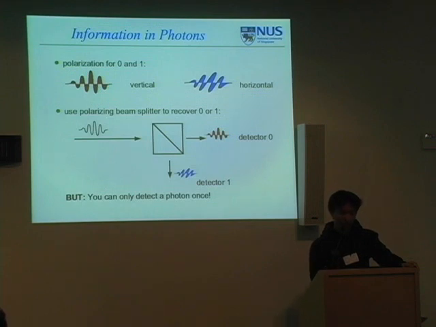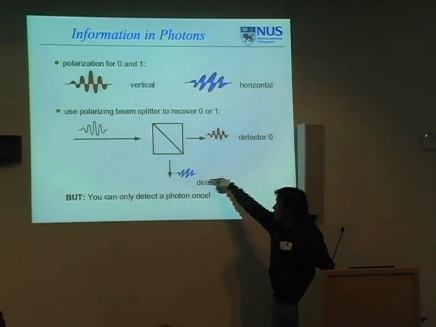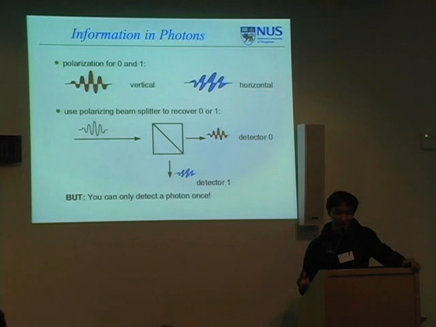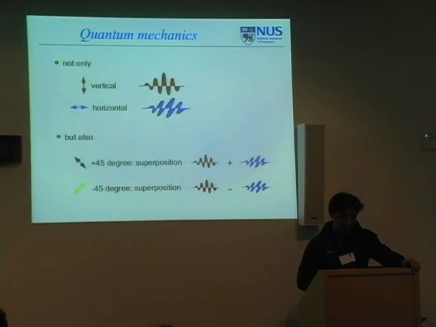If an eavesdropper puts detectors after the polarizing beam splitters, she detects the photon in the particular polarization state, but you can only detect a photon once. Once it's detected, it's destroyed. So keep that in mind, because for quantum key distribution, what you do is this.